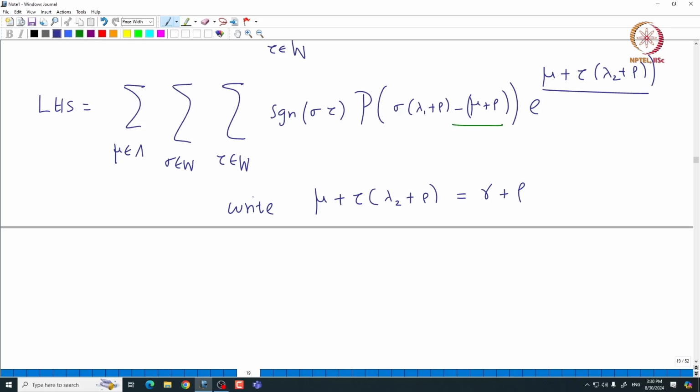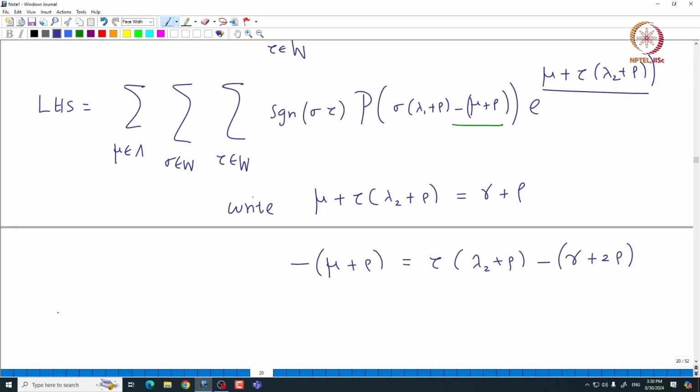You can easily see that minus mu plus rho is exactly equal to tau of lambda 2 plus rho minus gamma plus 2 rho. This is what you get on the right side.